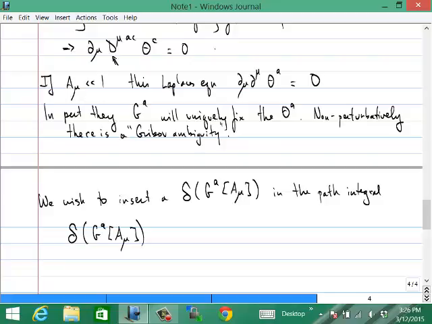What I really mean, if you want to think about it a little more precisely, is a product of an infinite number of delta functions, where you take a product for each point in space-time, and over the value of that index A, of the four-dimensional delta function of G^A of A_mu evaluated at the point x.